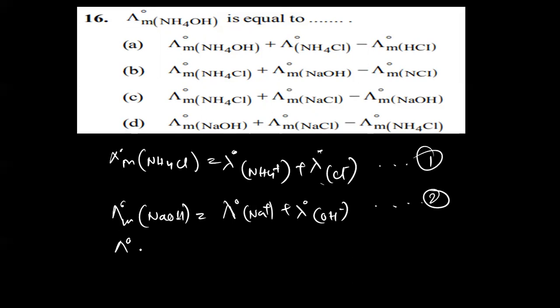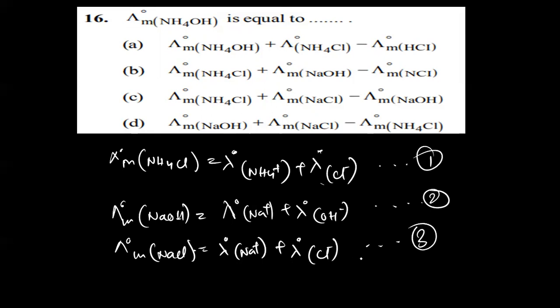And lambda naught of NaCl is equal to lambda naught of Na plus plus lambda naught of Cl minus. This as equation number 3.